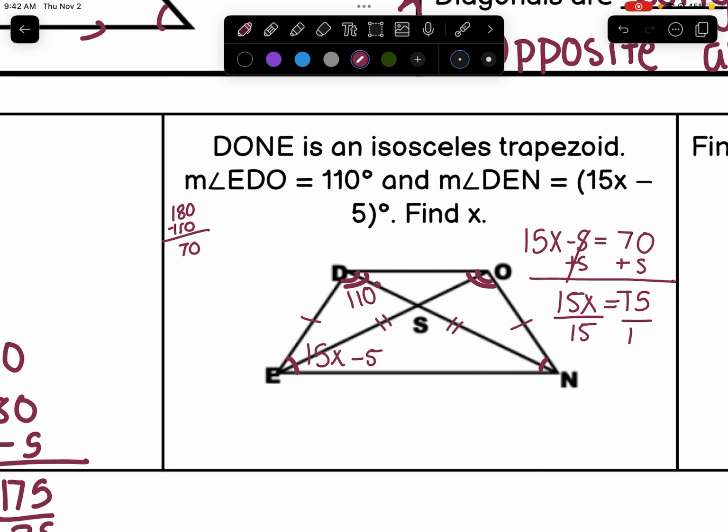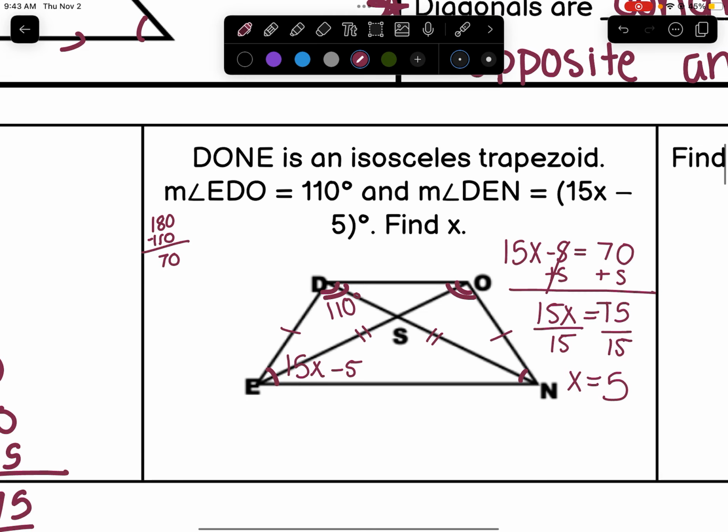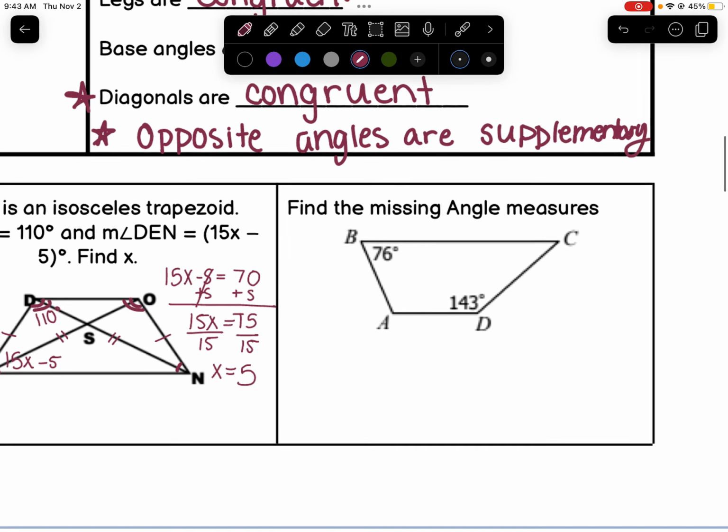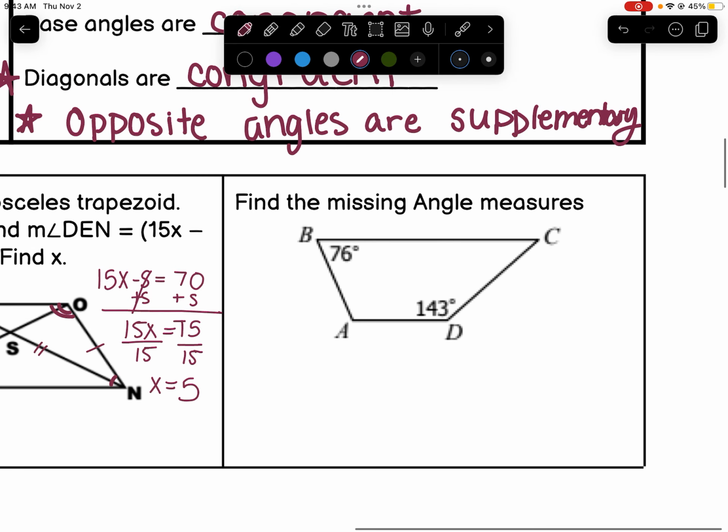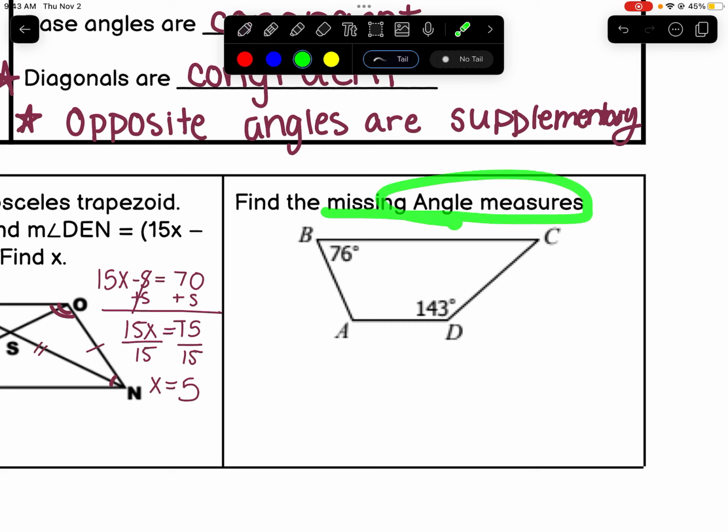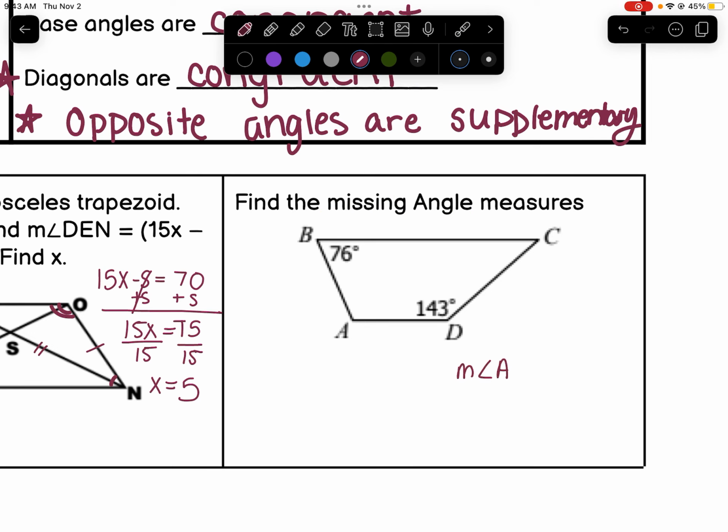Divide both sides by 15. And we find that x equals, let me consult my calculator, 75 divided by 15, we get 5. For our last trapezoid problem, it's not isosceles, it's just a trapezoid. And we're asked to find the missing angle measures. So we want to know the measure of angle A, and we want to know the measure of angle C.